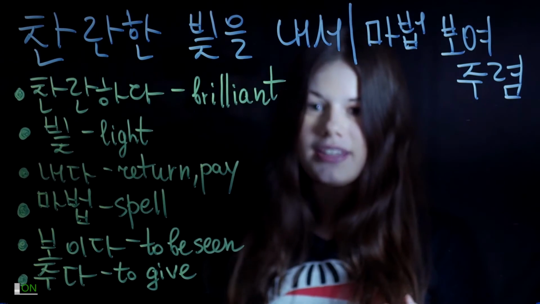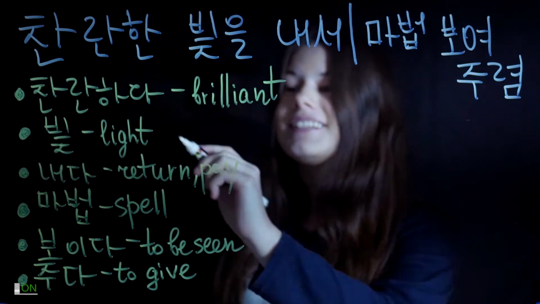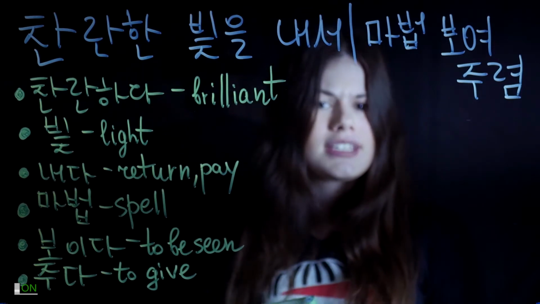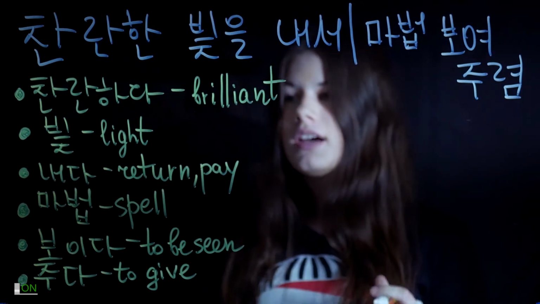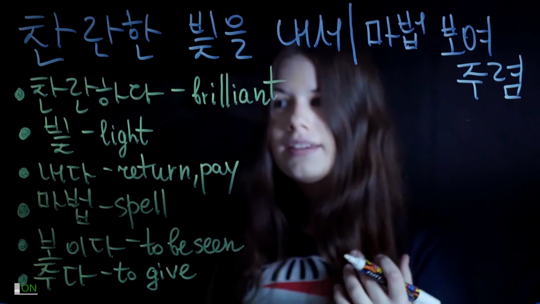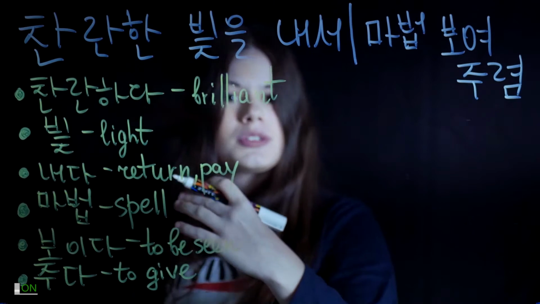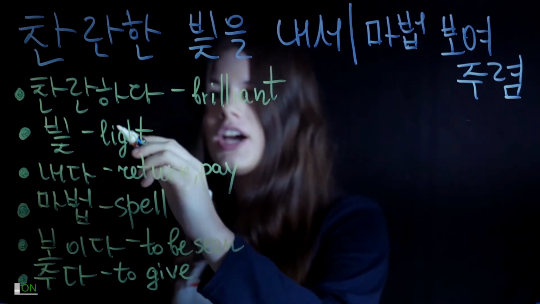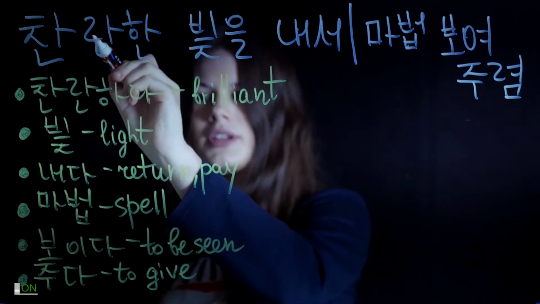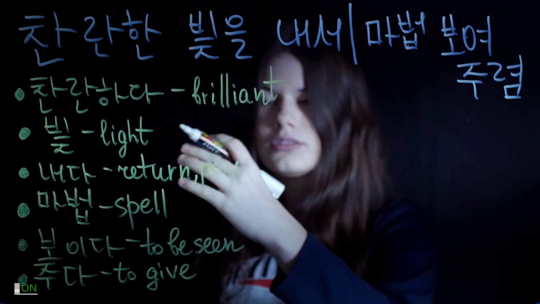찬란한 is an adjective, and it comes from the adjective 찬란하다. It means to be brilliant, also radiant, splendid. Also, you may be wondering why, since it was supposed to be pronounced as 찬란한, right? Here, ㄴ plus ㄹ would be nu-ru, right?